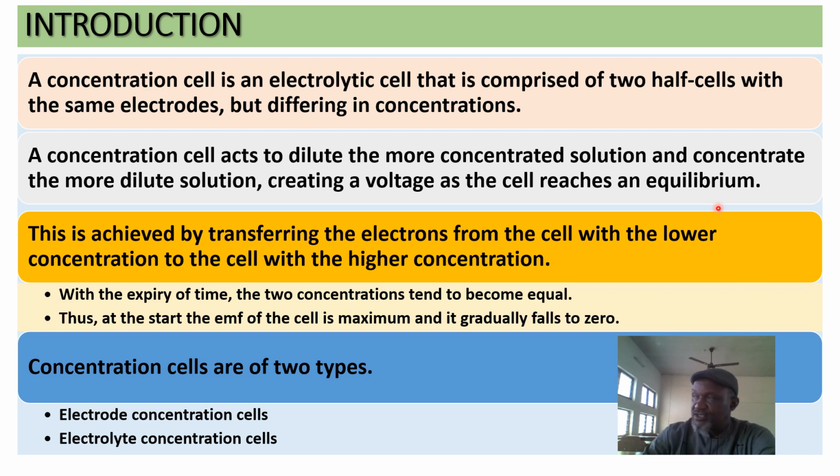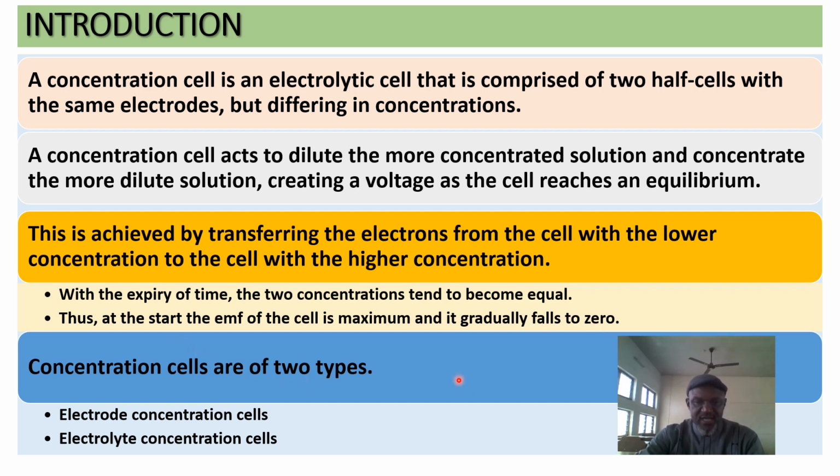So the high concentration will be dropping and the low concentration will be increasing until they strike at the equilibrium point. This is achieved by transferring the electrons from the cell with the lower concentration to the cell with the higher concentration. With the expiry of time, the two concentrations tend to become equal. Thus, at the start, the EMF of the cell is maximum and it gradually falls to zero.